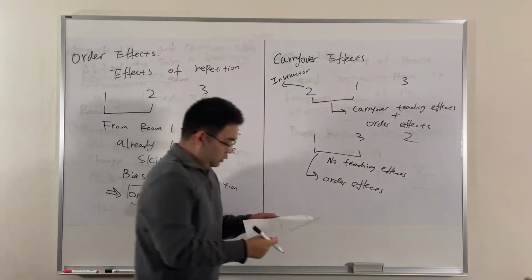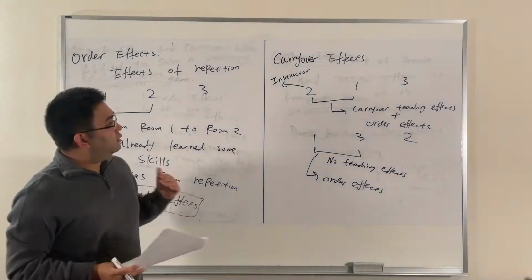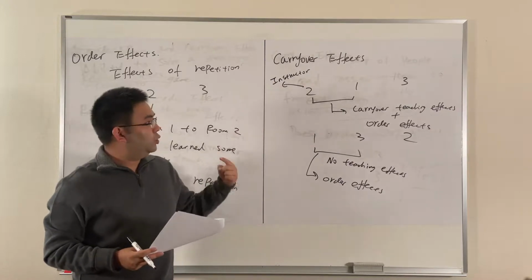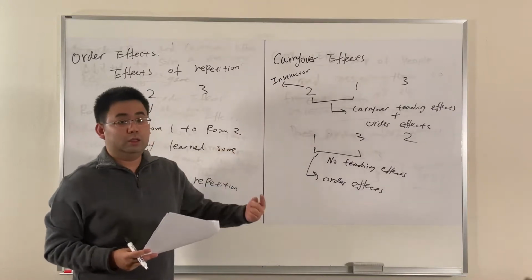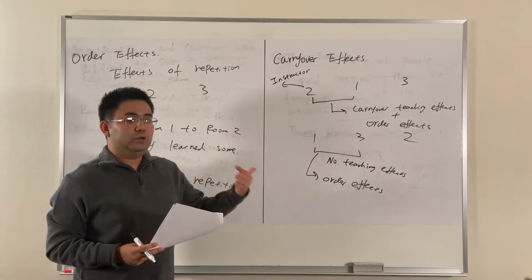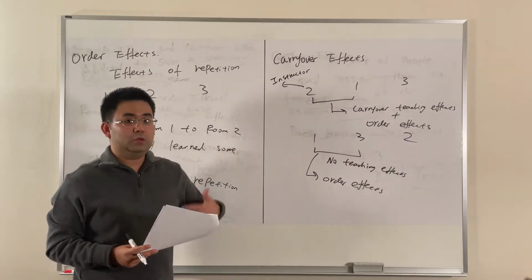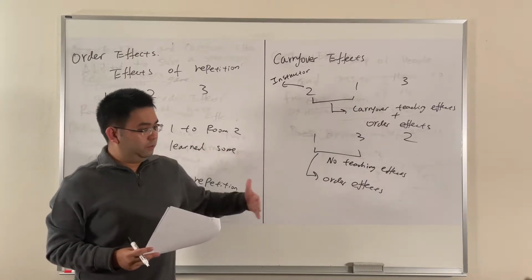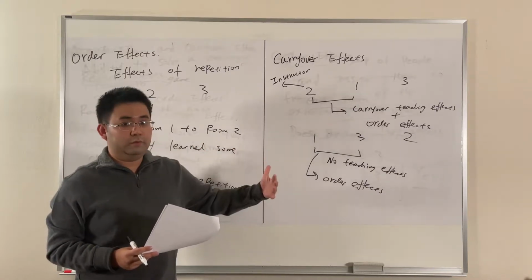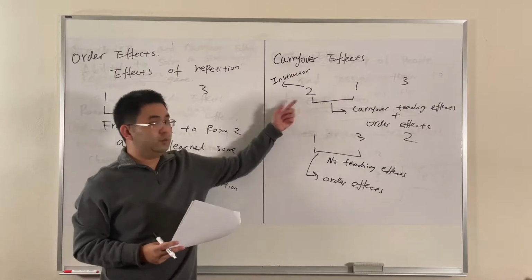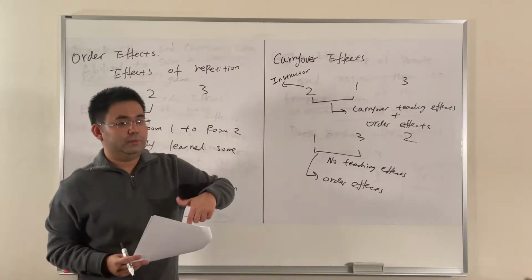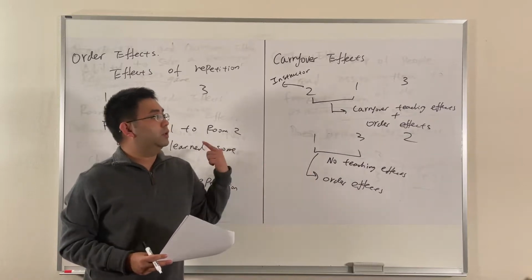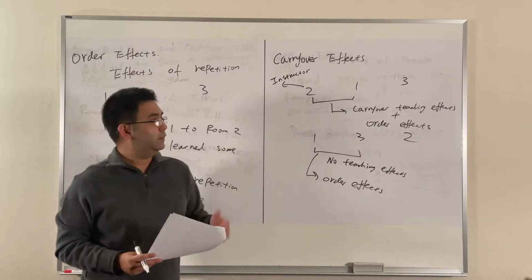As you can see, what's the difference between these two? The difference is whether you have an instructor or not. And whether you have an instructor or not depends on which room you start with. Since the later part depends on whether the instructor was in the first part, this is what we call the carryover effects.